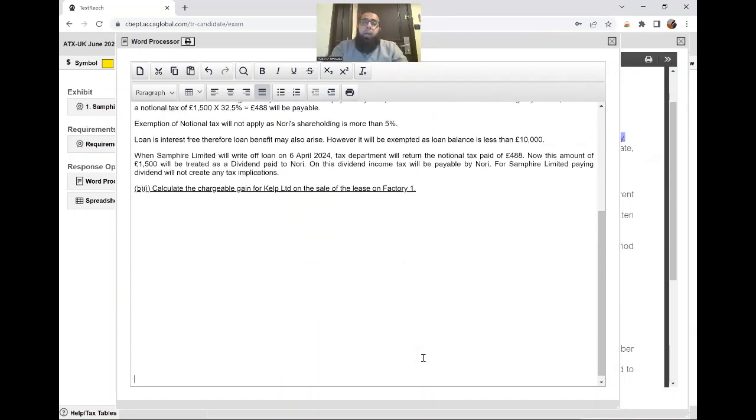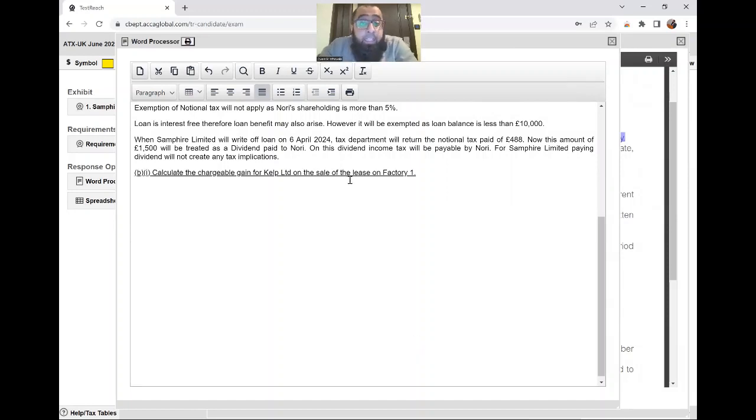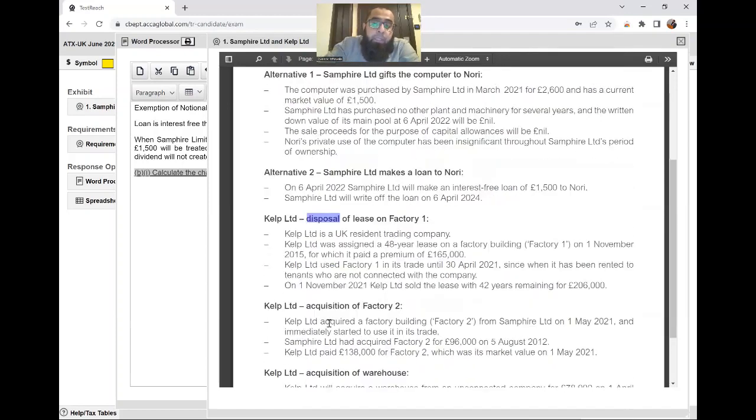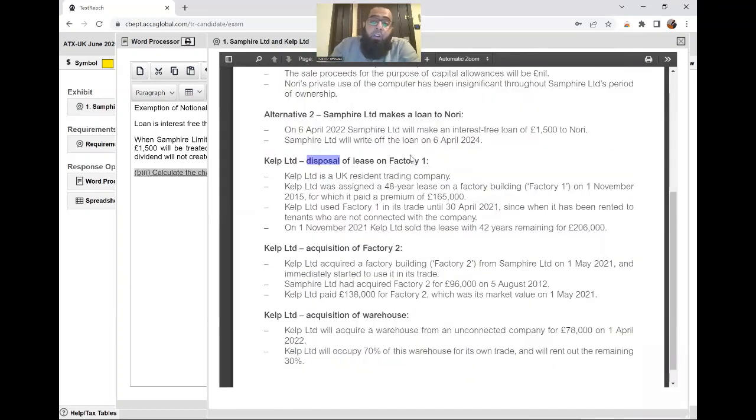Now, part B1: calculate the chargeable gain for Calp Limited on the sale of the lease on Factory 1. Let's look at what this is. So we are done with alternative 1 and alternative 2. Now we are reading Calp Limited, disposal of lease on factory. Calp Limited is a UK resident trading company.